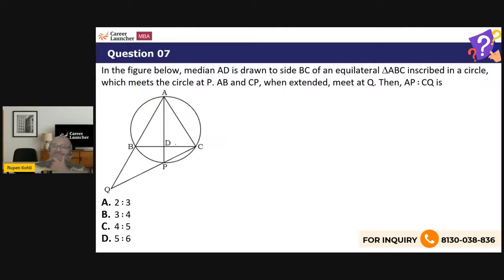So what do we do? Well, in such questions, obviously you have to take something as the connecting thing, right? Either you take the radius of the circle as the common connecting thing or the side of the triangle.